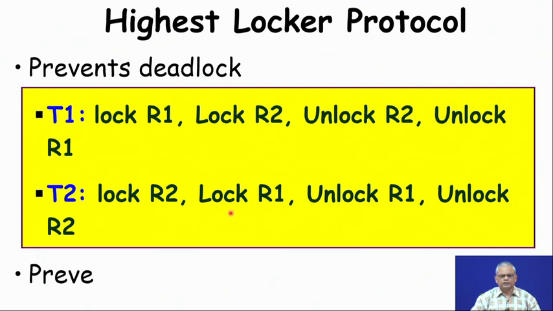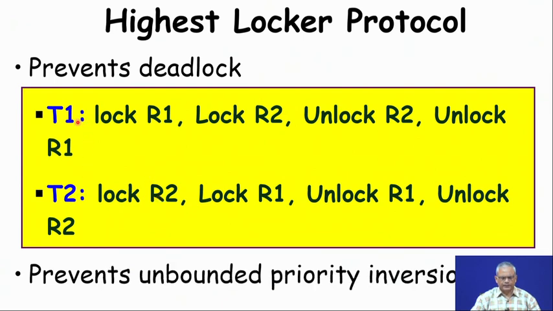So, deadlock cannot occur. You can take any other example and see that deadlock cannot occur, because T2's priority is made equal to the ceiling priority of the resource it locks, and if the other task needs the resource, its priority will be as much as the priority of the other task.